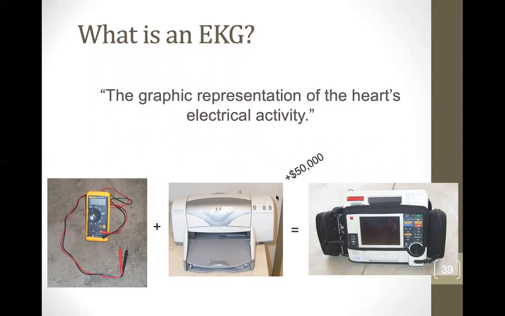So, it takes an ohm reader, which is measuring electrical impulses. It's going to combine it with a printer, and you're going to add about $50,000 to it in order to come up with an EKG machine. This is one that is used in paramedicine, but they have many different kinds that you can be using. And in fact, you can run them off of computers now and handheld devices.